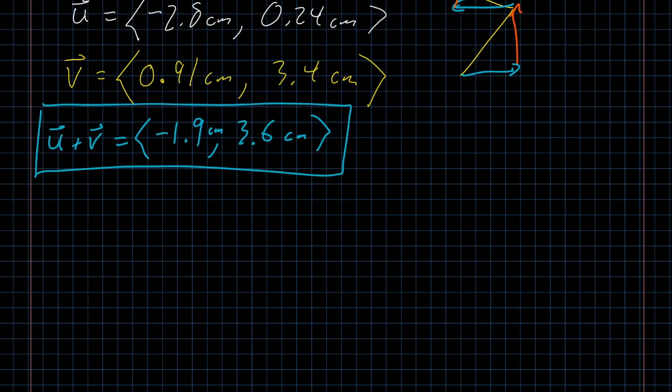That's not what we have now. But that's something we can, once again, figure out using triangle trigonometry. The magnitude of the vector is the hypotenuse of the right triangle.